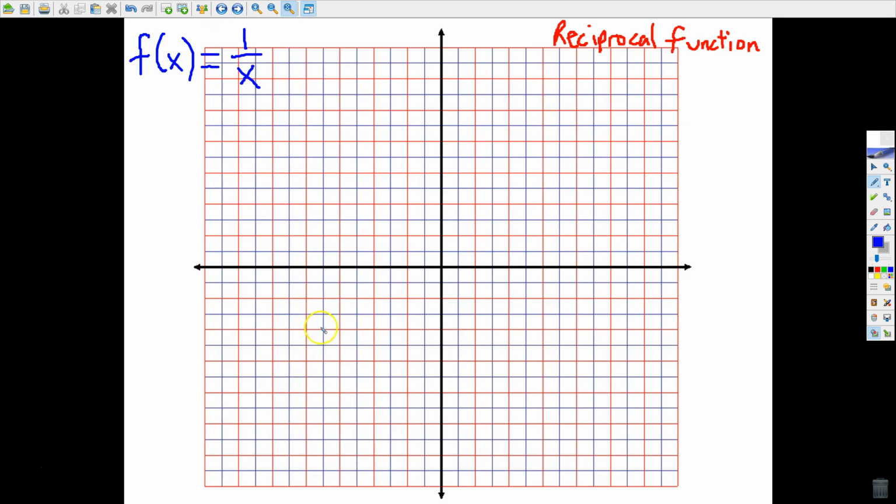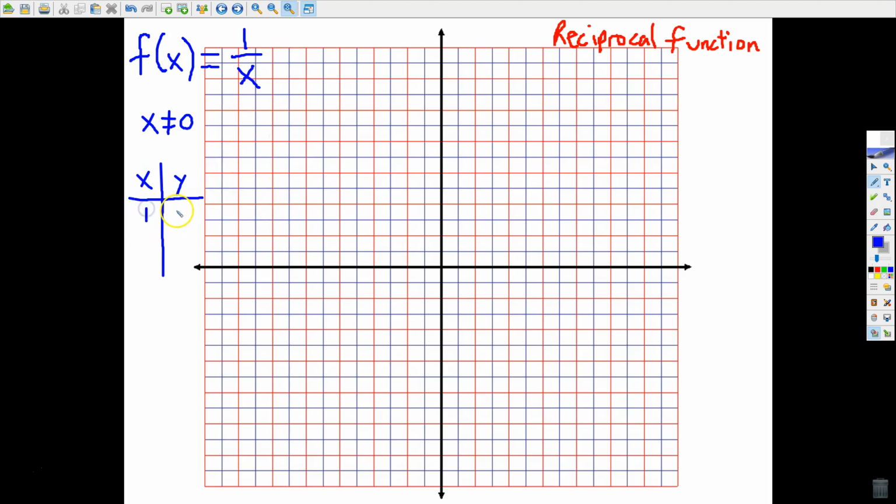Okay, this is called the reciprocal function. And one thing you probably notice right away is we cannot input 0. So this particular function is never going to cross over the x-axis. It's never going to cross over the y-axis. Let's just do some real quick inputs.